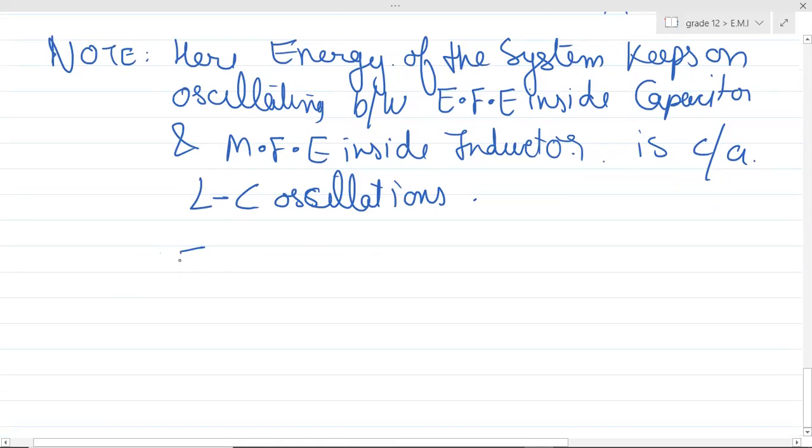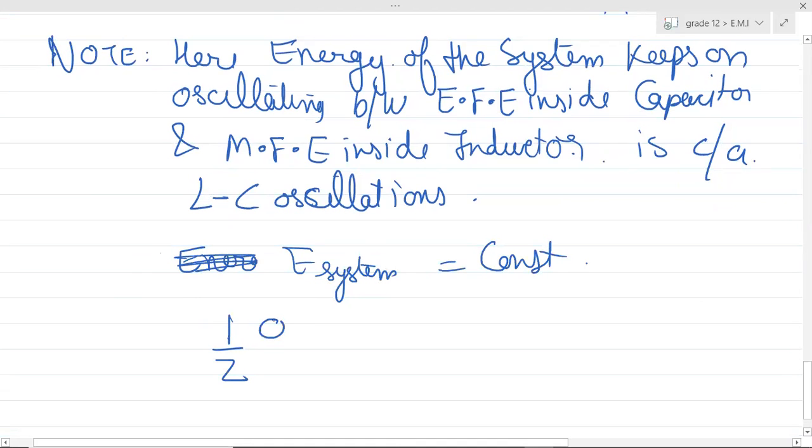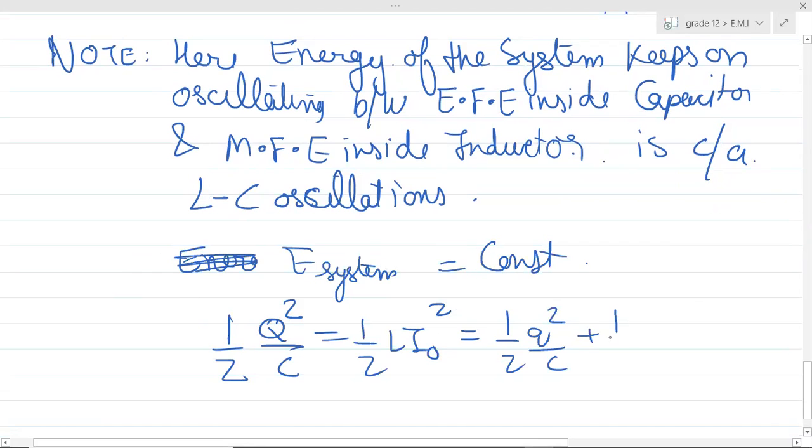Also note, the energy of the system, E system, remains constant. So always half Q square by C, half L I naught square is equal to half Q square by C plus half L into I square. Can anyone interpret this for me?